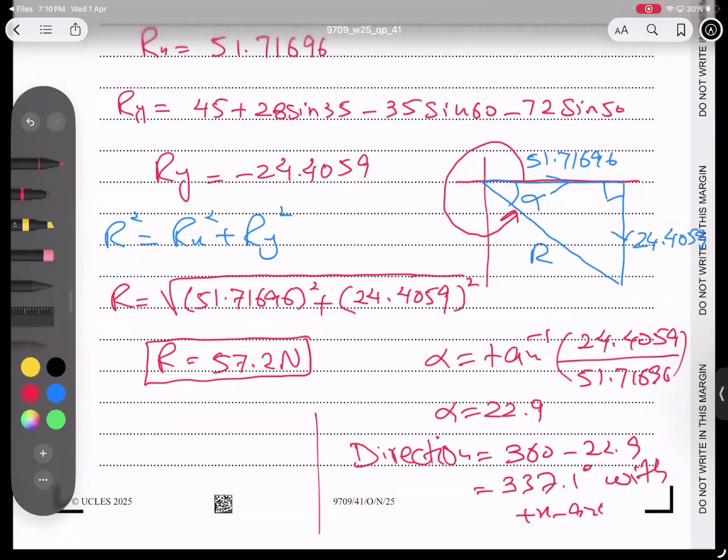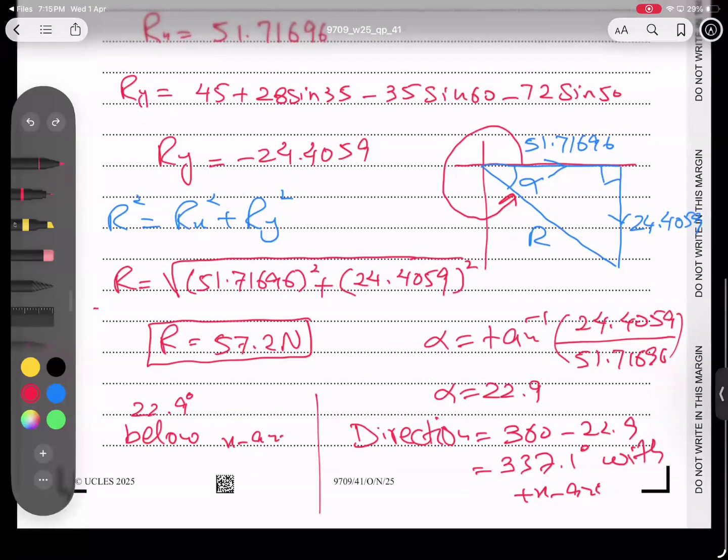Sometimes we have to answer with the bearing, or we can say below the x-axis. So writing 22.9 below the x-axis is also correct. This is another way of answering. I hope the idea is very clear.